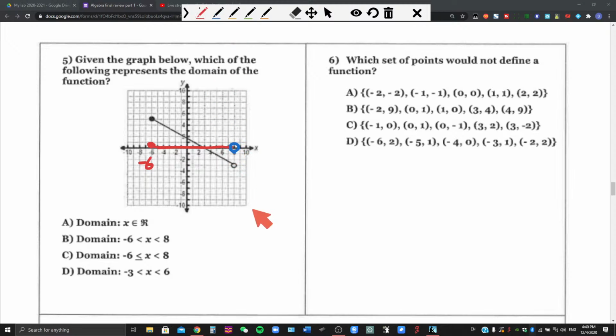So x is greater than or equal to negative 6, because that's a solid point, and x is less than 8, and it won't be equal to 8, because that's an empty point. So this is the domain, and based on this, our choice will be C.